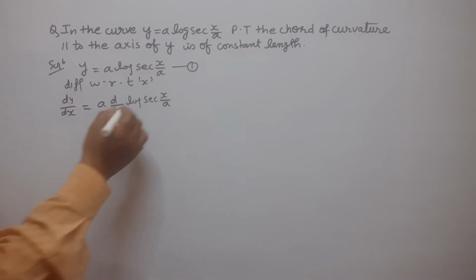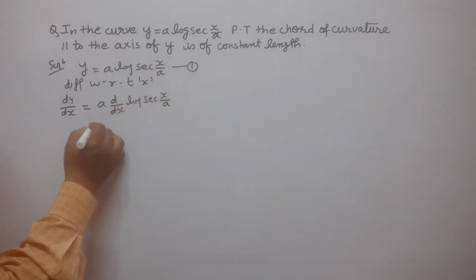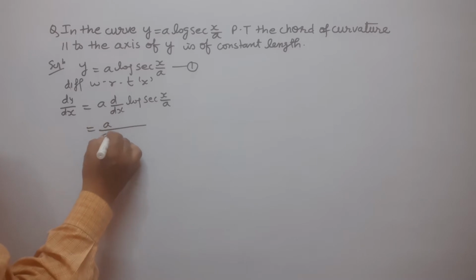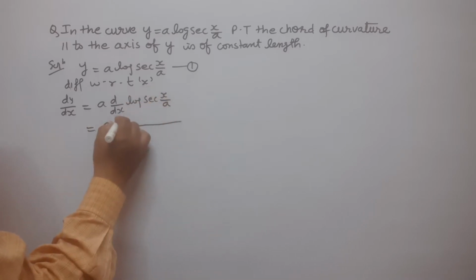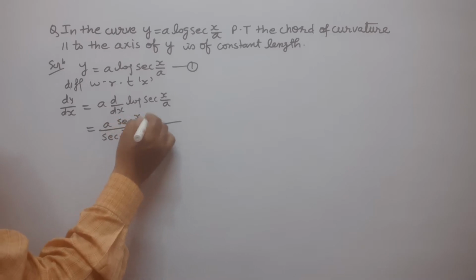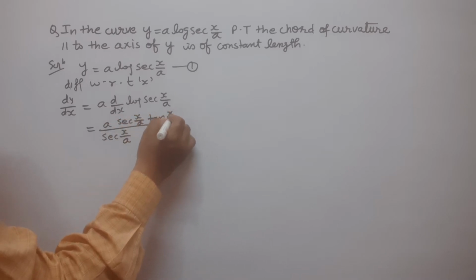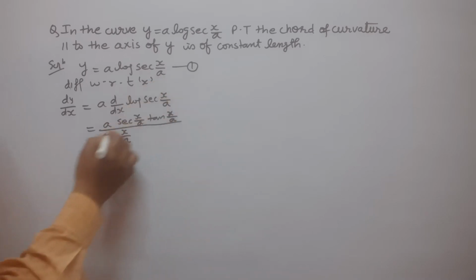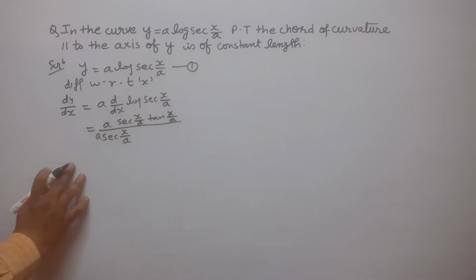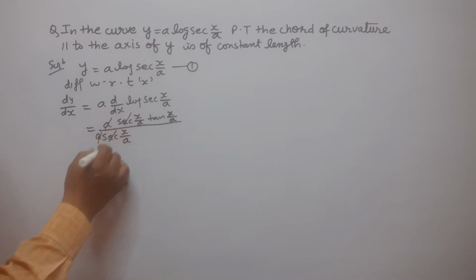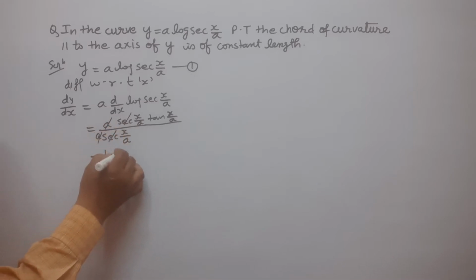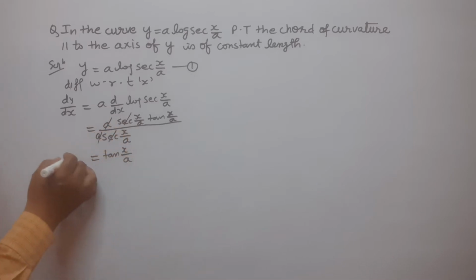So differentiation of log sec x upon a with respect to x is 1 upon sec x upon a, and differentiation of sec x by a is sec x by a multiplied by tan x by a, and differentiation of x by a gives 1 upon a, which is constant. So this a is cancelled out, this sec x by a is cancelled out, so we get tan x by a. So this is dy by dx.